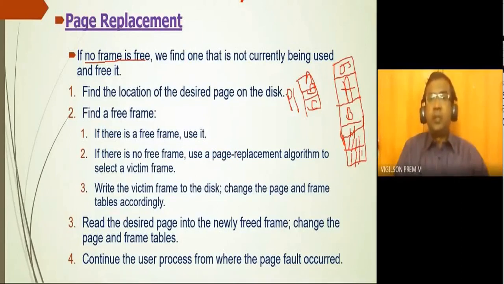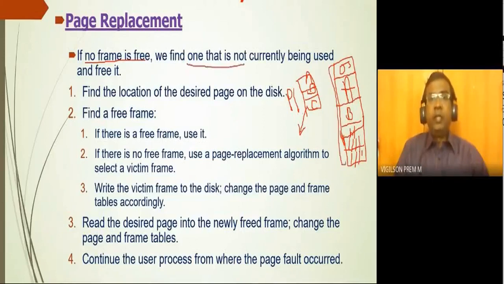Now process P1 wants to load C to execute a particular block. It wants to have the block C in main memory in order to continue its execution. Now C is not available in main memory. That is what we are saying here: if no frame is free in main memory, what are we going to do?